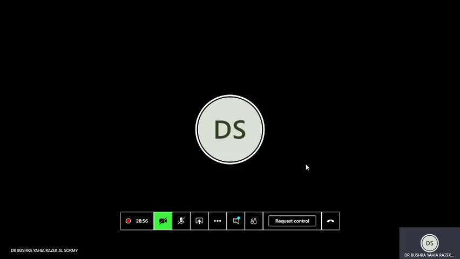The part which does not look well defined, the whitish color, is the tumor. It's irregular. And this area is necrosis.